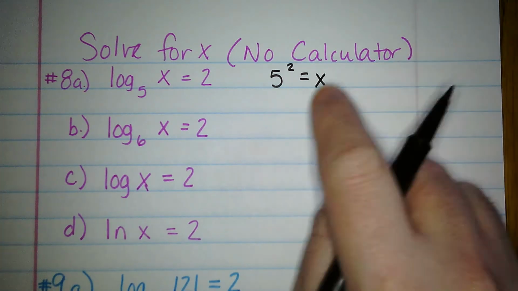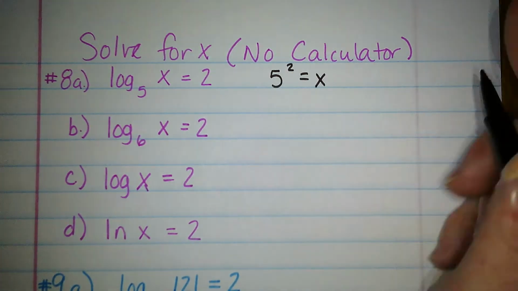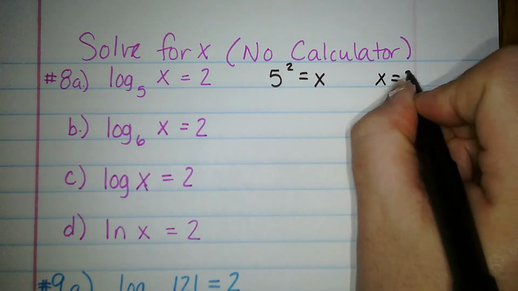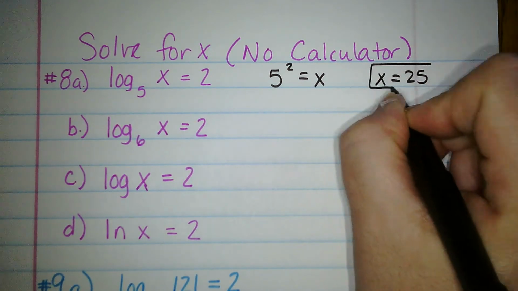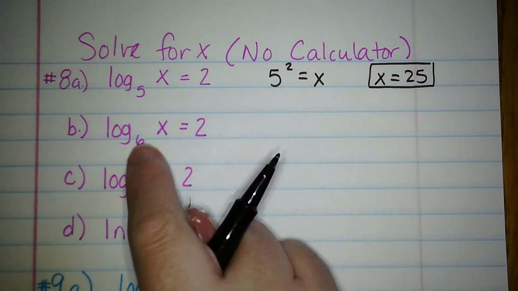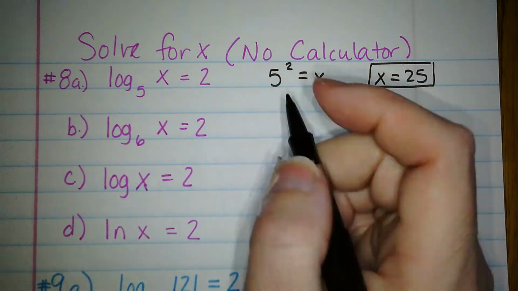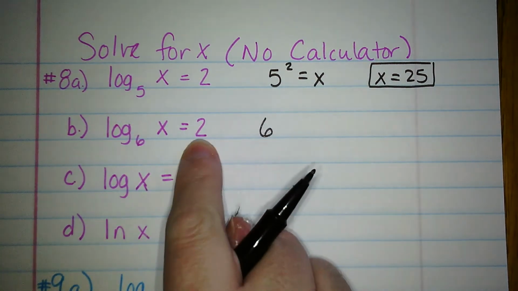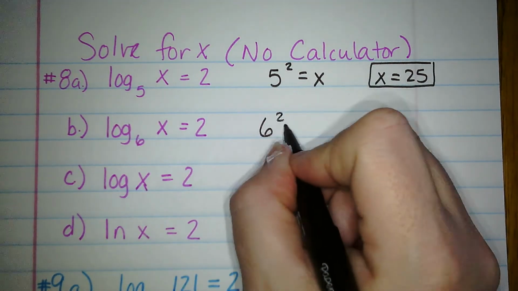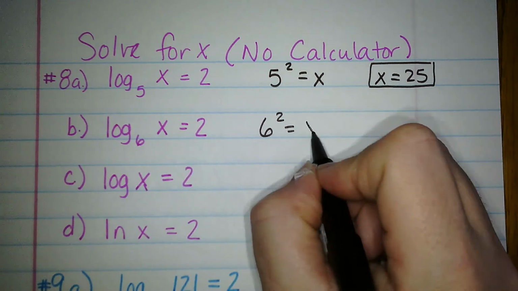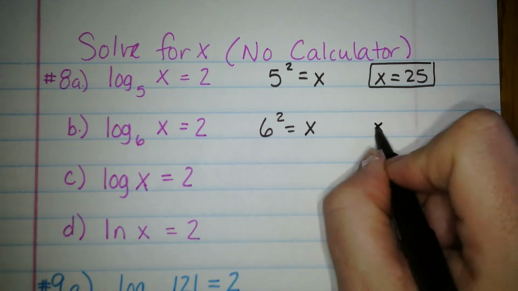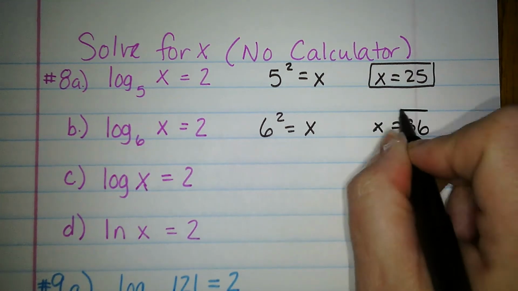So they're looking for us to solve for x. So 5 squared, oh yeah, x is 25. Here, 6 is our base. Exponent is 2, equals the answer. 6 squared is 36.